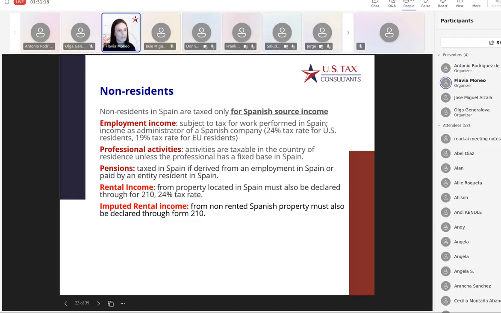The deadline depends on the income you have. For example, for rental income it is the first 15 days of January of the next year. Employment income has to be filed quarterly. So depending on the income, we have to see what the deadline is.